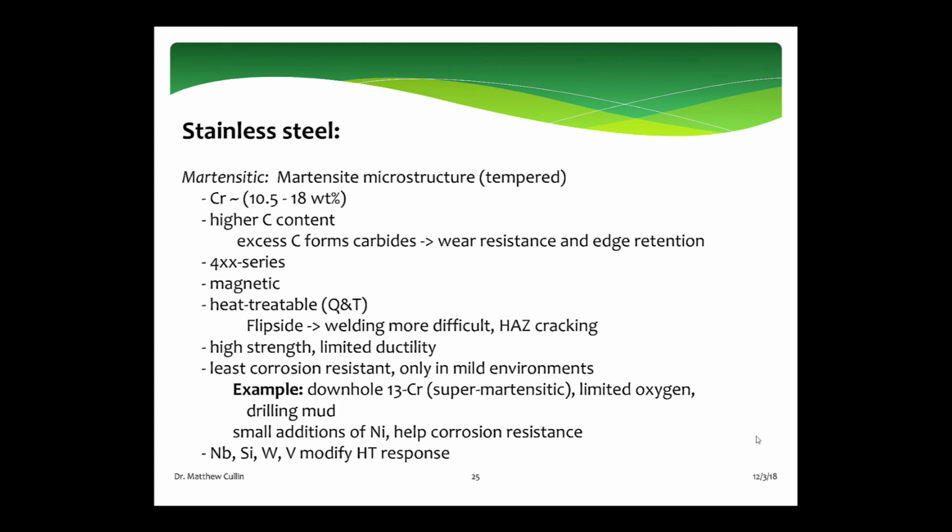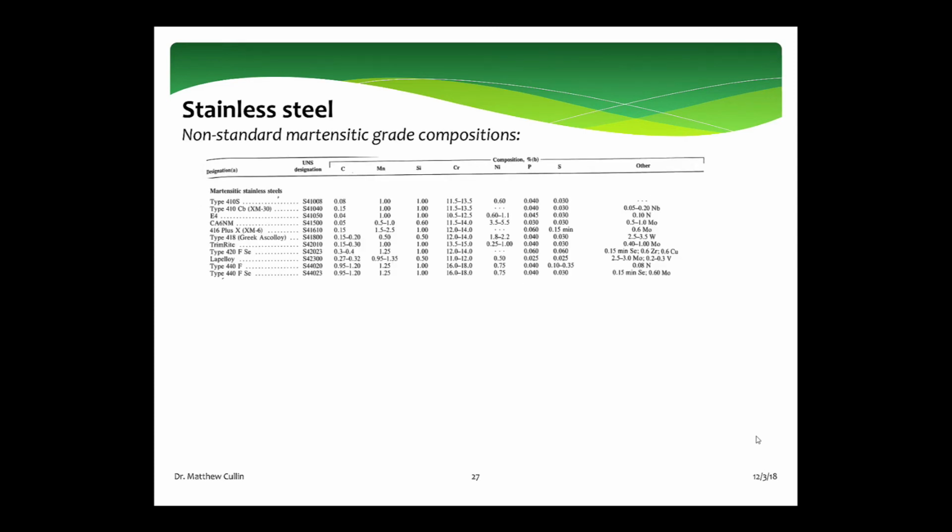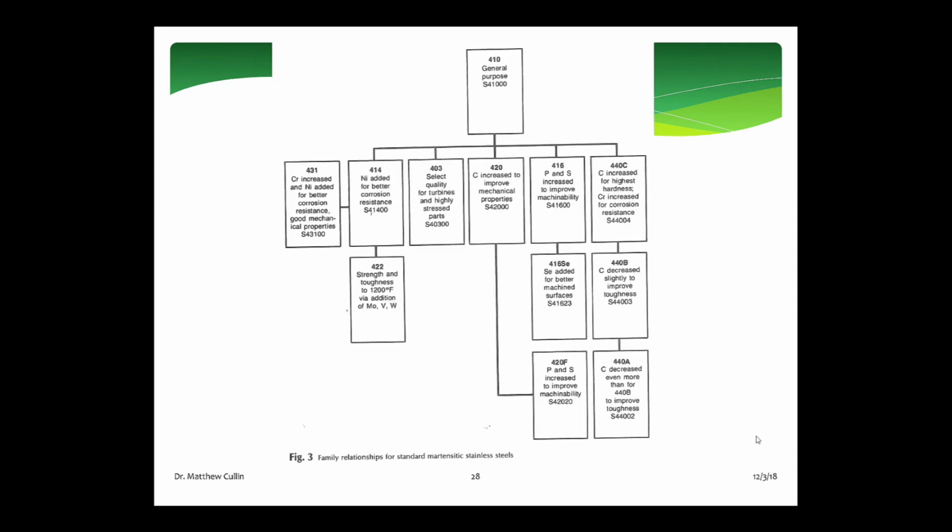But usually the primary reason to use martensitic stainless steels is their mechanical strength, and secondary is their corrosion resistance. This gives you an idea of some of the martensitic stainless steel grades that are available. 403 is kind of the plain Jane one, and then the price and the mechanical strength go up from there. These are some of the non-standard grades, trade names, and here's your chart from the ASM manual.